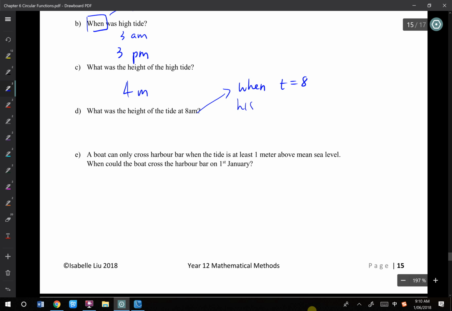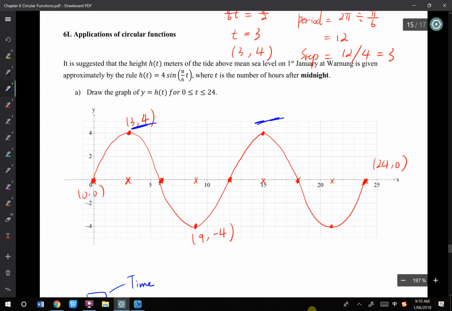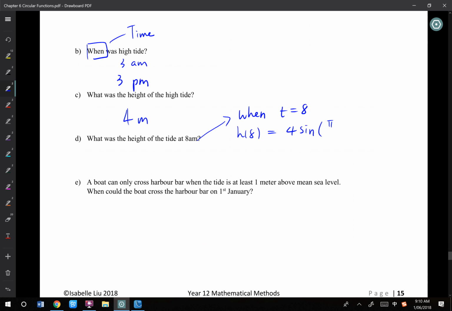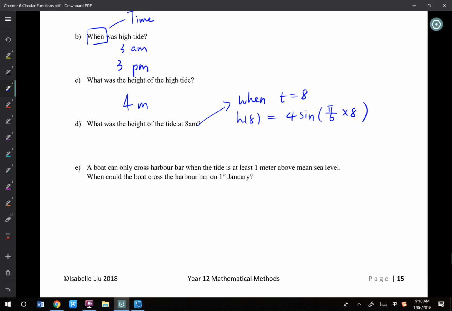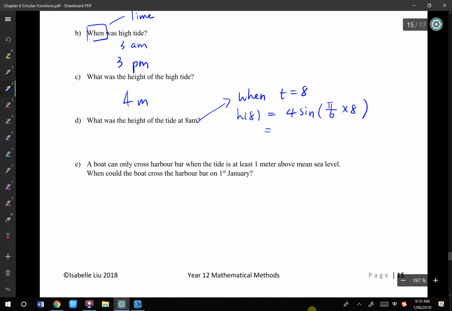So h(8) equals 4 sine of pi on 6 times 8. So that is 4 sine 4 pi over 3.